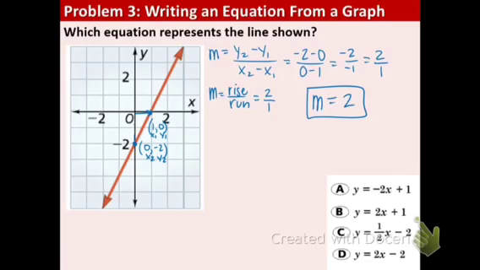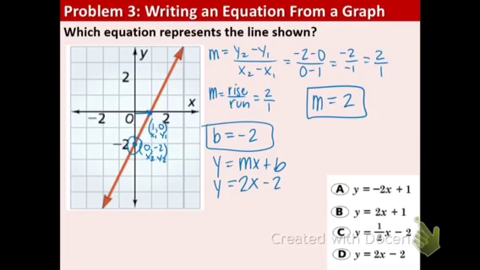Now the y-intercept, hopefully we can realize that that is the point right here where the graph crosses the y-axis. So that means our b value is negative 2. Let's put that together. y equals mx plus b. The 2 goes where the m is, and the negative 2 goes where the b is. So our answer is y equals 2x minus 2, and that is option D.